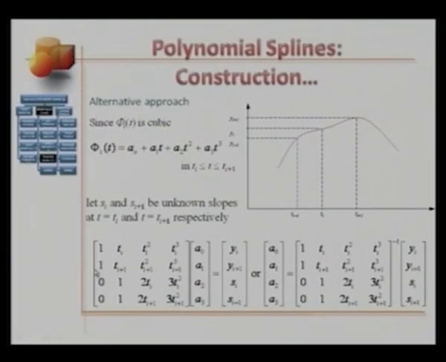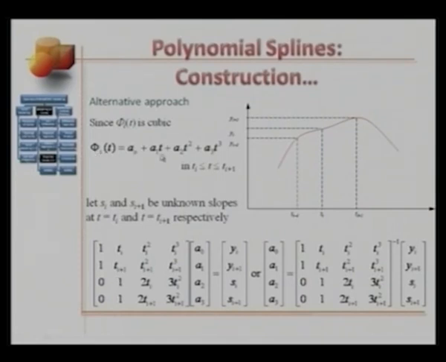What would these coefficients correspond to? Well, this corresponds to the first equation if we substitute phi i equals y i for t equals t i. This row here corresponds to the second equation. Phi i at t i plus 1 is y i plus 1.